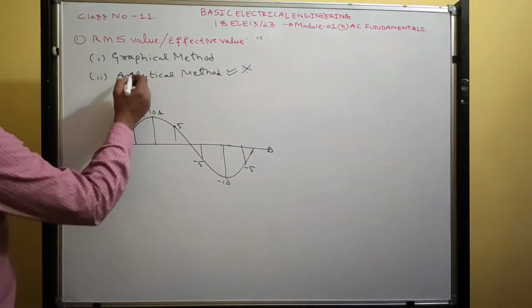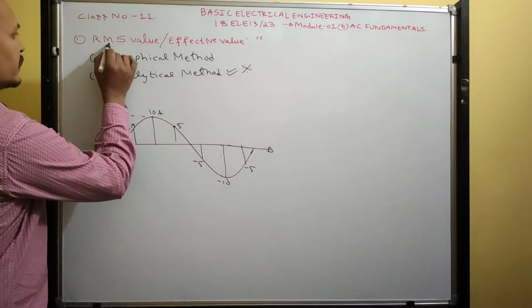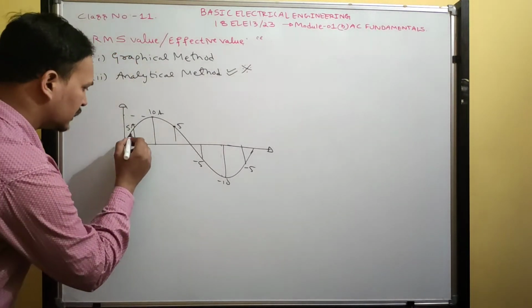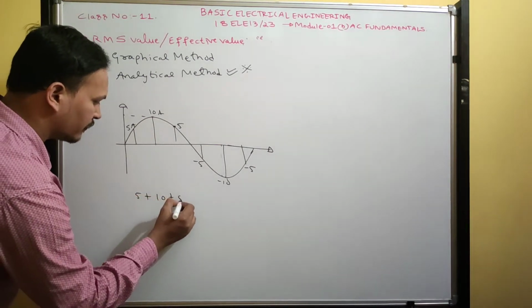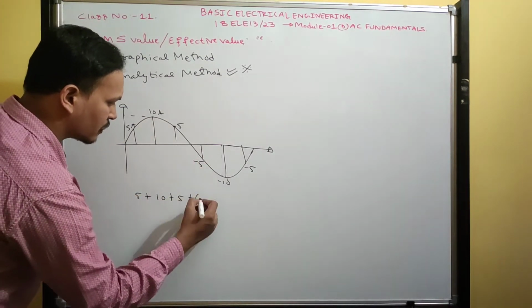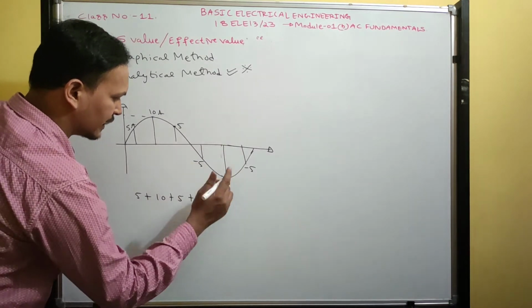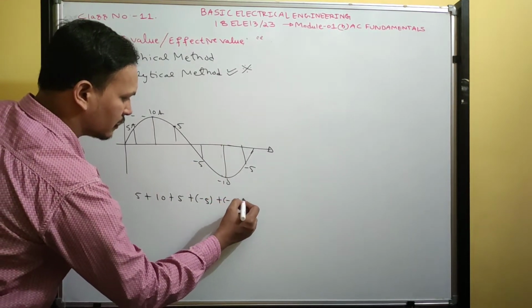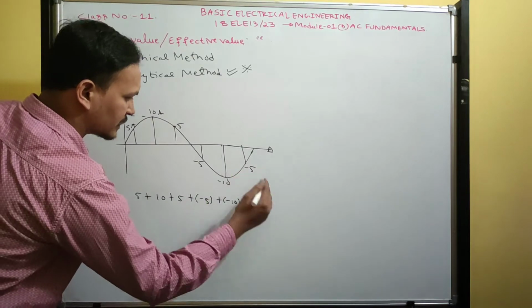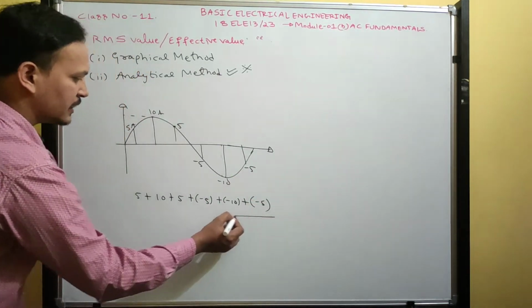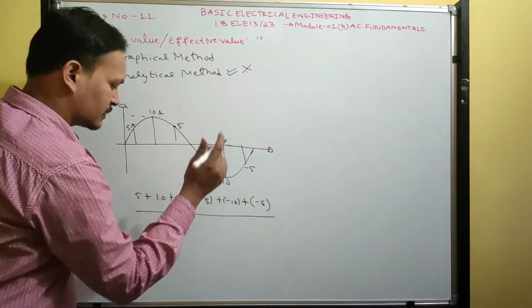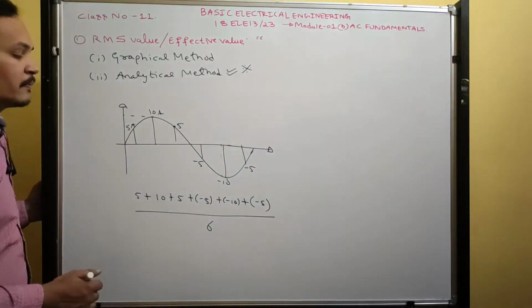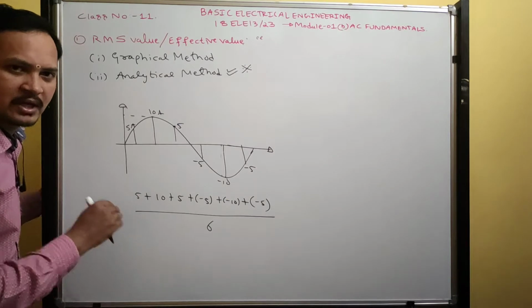Now root mean square value. First write the mean value. At each instant the values are 5, 10, 5, minus 5, minus 10, minus 5, divided by the number of instants, 1, 2, 3, 4, 5, 6. Divided by 6 instants, that is the mean or average value.